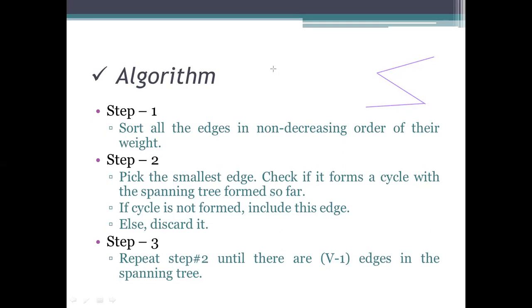For example, if we have 6 vertices, that is V equals 6, then E equals V minus 1, which equals 5. When the count is equal to V minus 1, we need to stop the processing. And then next we need to see whether the spanning tree has covered the vertices or not.